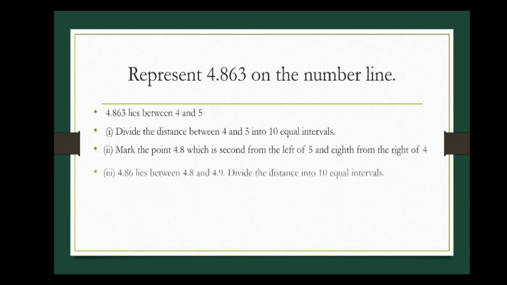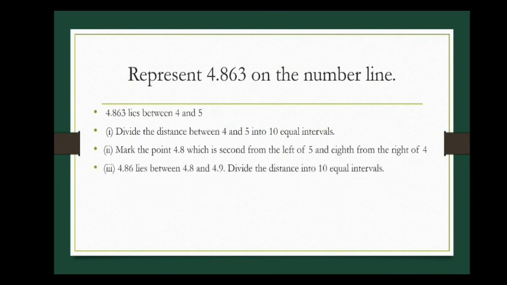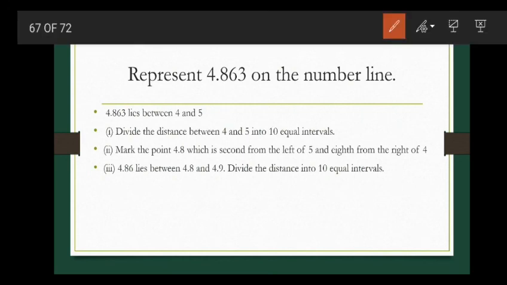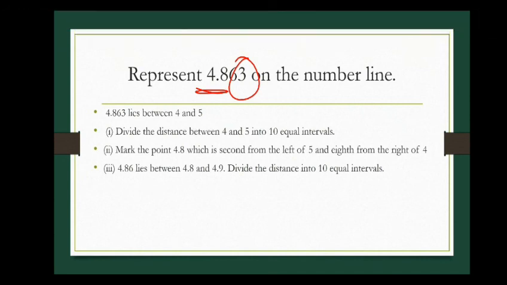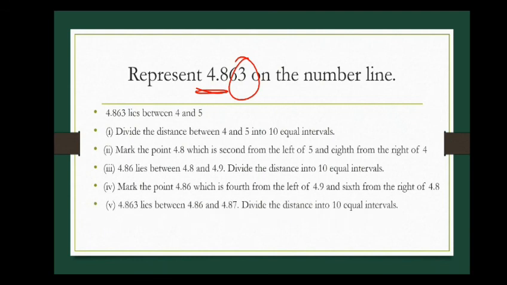Then we have to see where 4.86 lies. We have seen where 4.8 lies, and 4.86 will be greater than 4.8 and less than 4.9. So we again divide the distance between 4.8 and 4.9 into 10 equal intervals. Then we see where 4.86 lies.